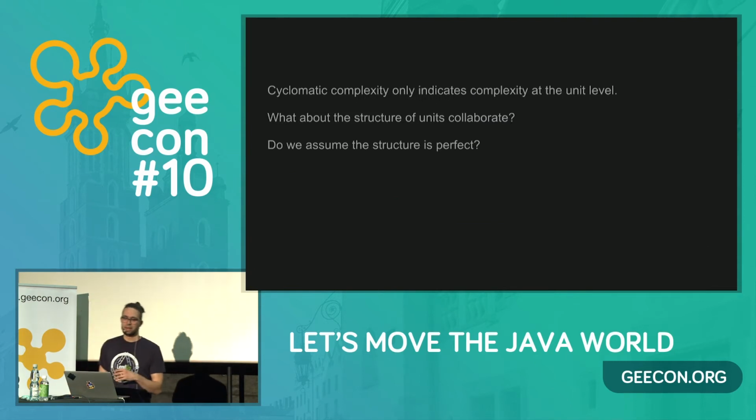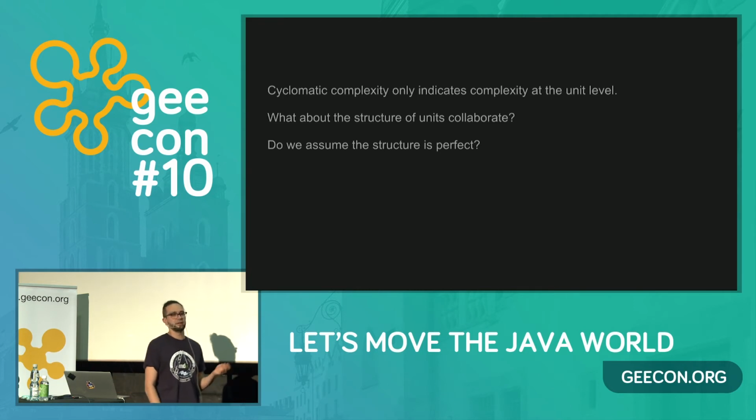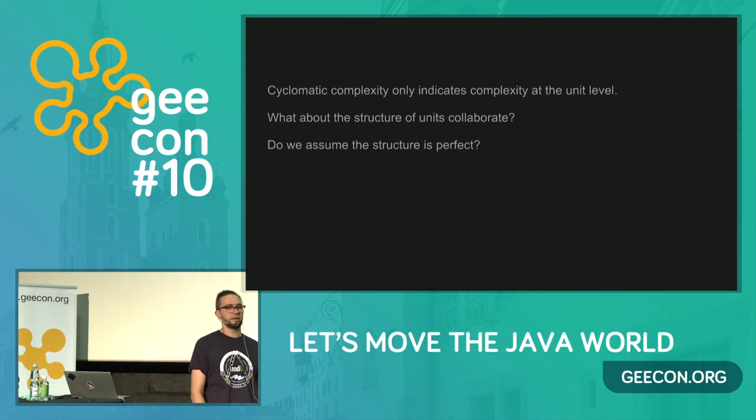And then again, cyclomatic complexity only indicates the complexity on a unit level. What about the structure of units?